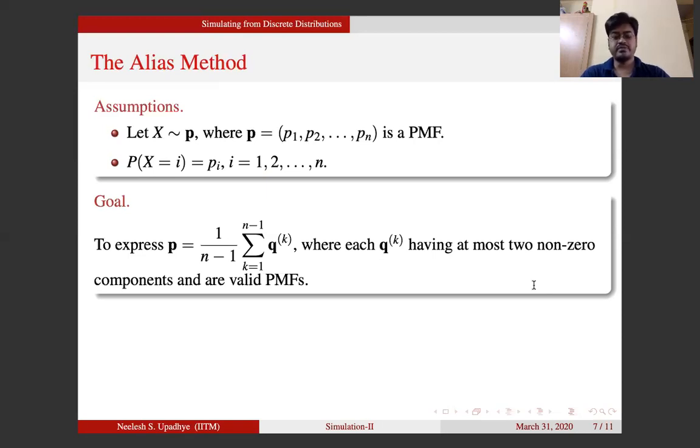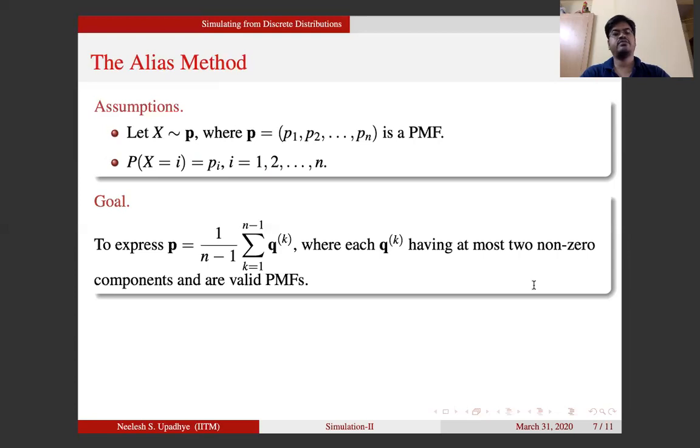These n minus 1 probability vectors are so special that they have non-zero probabilities at most at 2 points, and they are valid PMFs. And I want to write my vector P as an equally weighted average of those n minus 1 vectors.